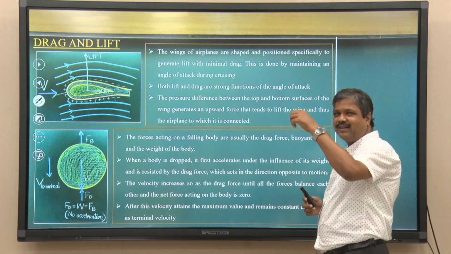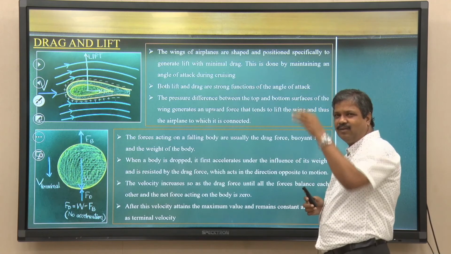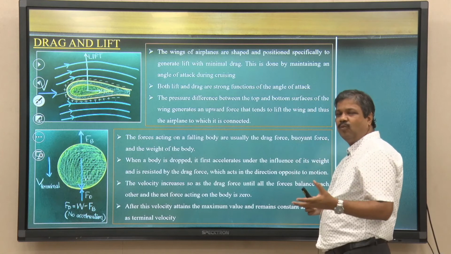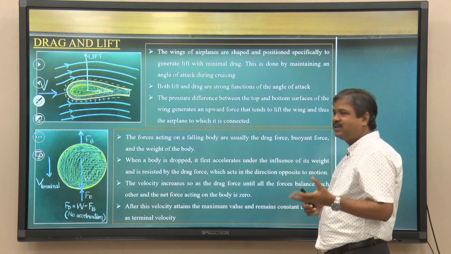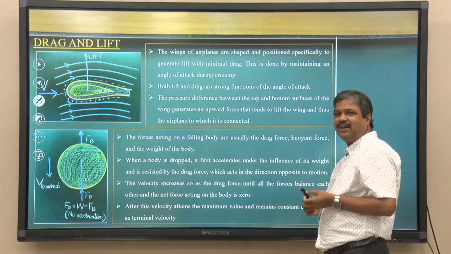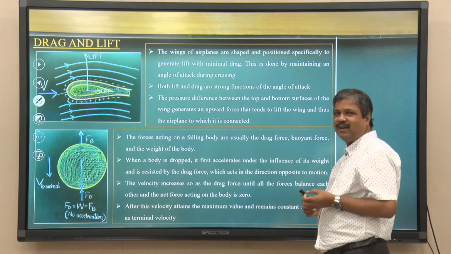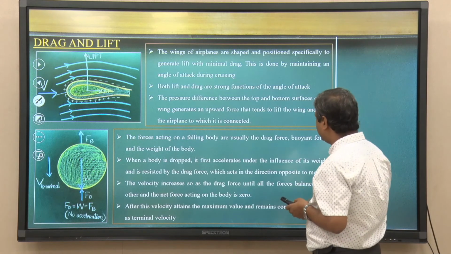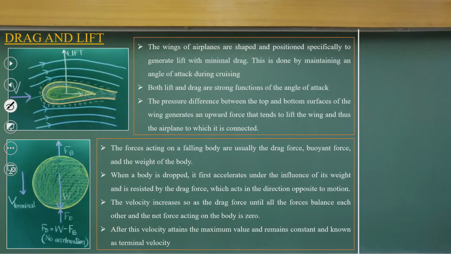If a very tiny dust particle is falling down, there will be the weight, the buoyancy force and the drag force. When it attains its maximum velocity, which we call the terminal velocity, it does not change after that. The velocity increases, and so does the drag force, until all the forces balance each other, that means the net force acting on the body is 0.